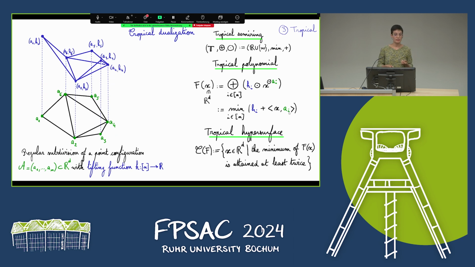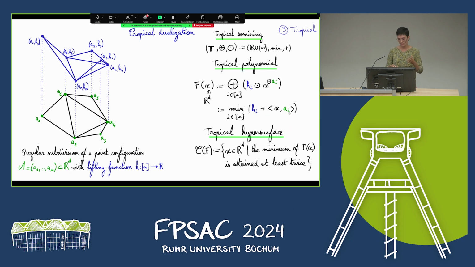Another thing that we can do with these points and lifting function is to encode them into a tropical polynomial where the exponents of the monomials are given by the coordinates of our vertices and the coefficients by the lifting function. And we have seen that when we have such a tropical polynomial, it is associated to a tropical hypersurface, which is the locus of the points where the minimum of this function is attained at least twice.